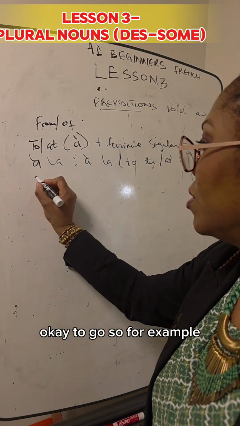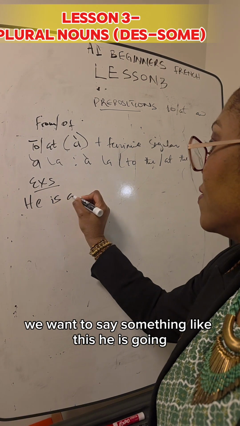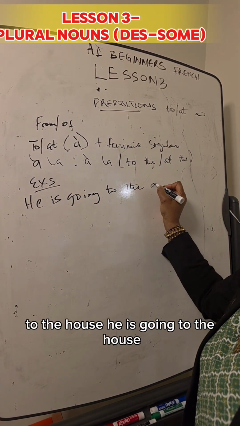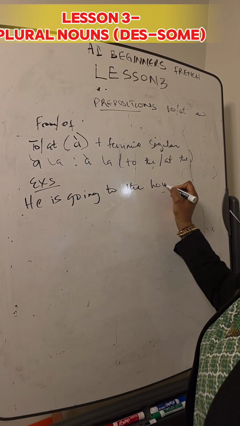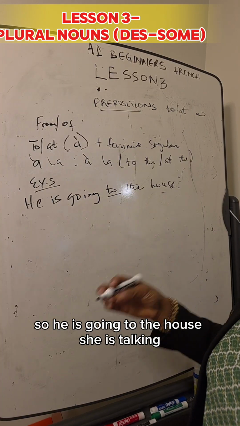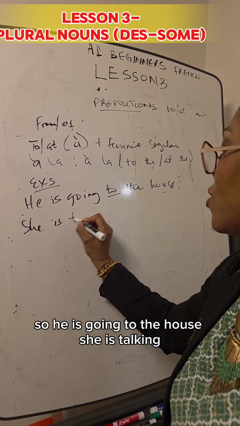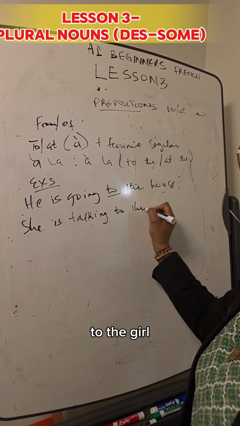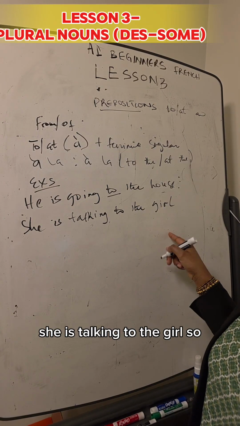So for example, we want to say something like this: he is going to the house. She is talking to the girl.